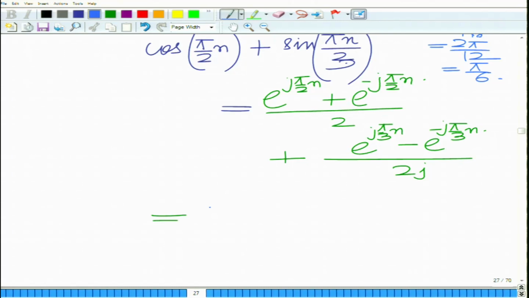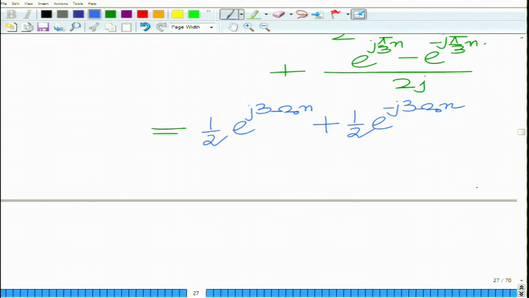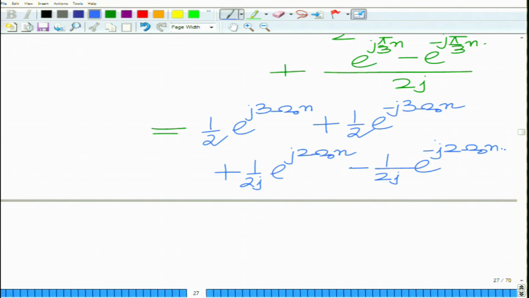Okay. So I can write this as half e power j 3 omega naught n plus half e power minus j 3 omega naught n plus 1 over 2j e power j 2 omega naught n minus 1 over 2j e power minus j 2 omega naught n.